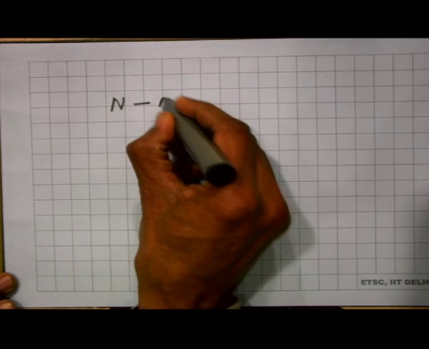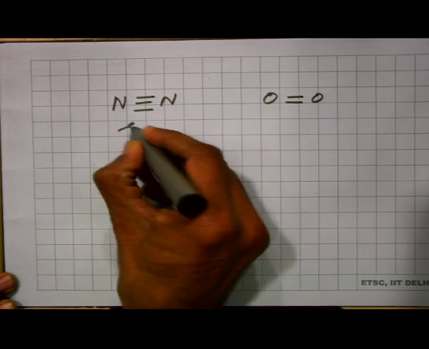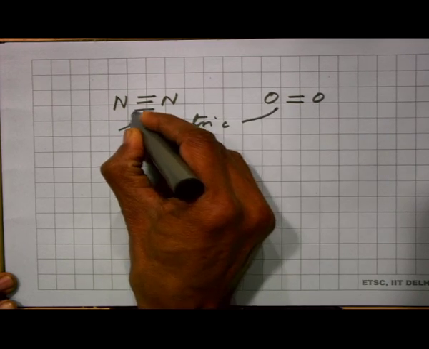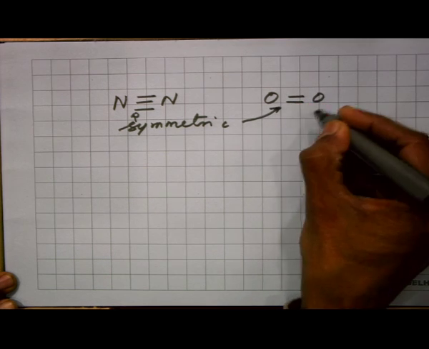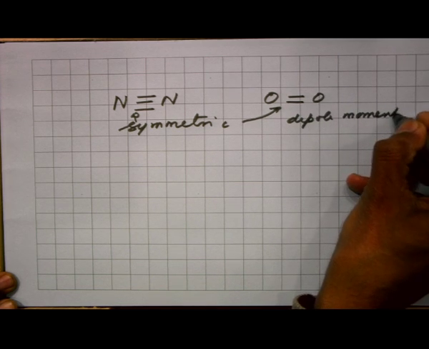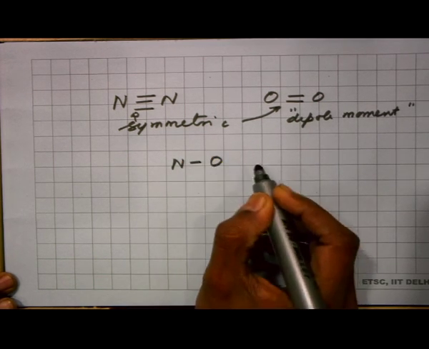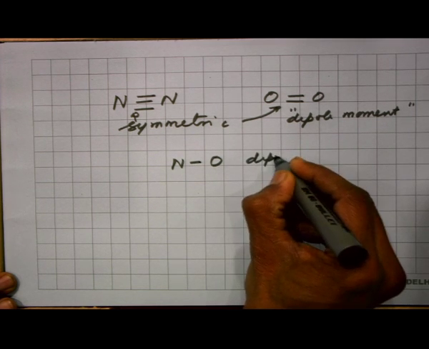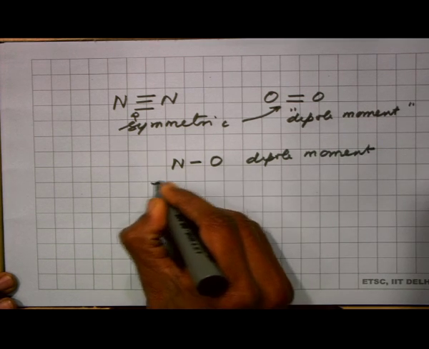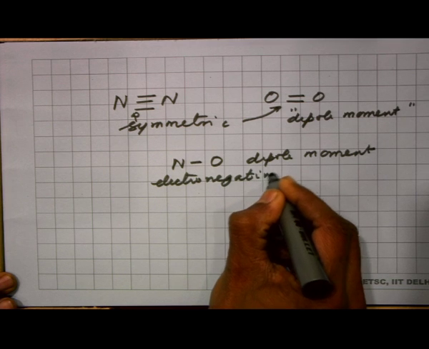Nitrogen and oxygen are symmetric. Both of them, which means that it does not have a dipole moment at equilibrium, whereas NO has a dipole moment arising because of the electronegativity difference between nitrogen and oxygen.